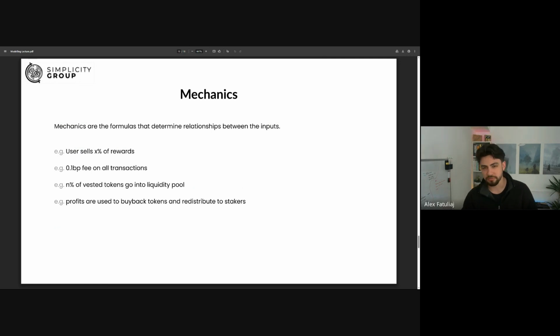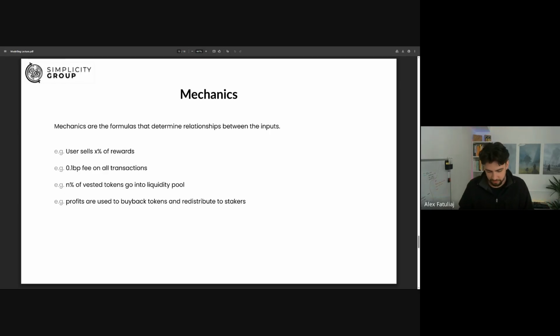Now, mechanics, on the other hand, are simply the formulas that determine the relationships between the inputs, which is what I said at the beginning. There isn't really much to talk about here, because you're just going to assume that a user sells X% of their rewards, or there's a transaction fee, or some amount of vested tokens will go into the liquidity pool, or profits are used to buy back tokens. This is basically how you build the model out.